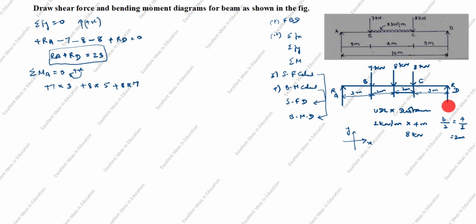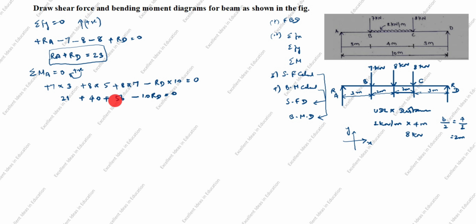Next, at this point the arrow goes up. From here to here, anticlockwise is negative. Perpendicular distance is 3 plus 2 is 5, 5 plus 5 is 10. Minus RD into 10 equal to 0. 7 3s are 21, plus 8 5s are 40, plus 8 7s are 56, minus 10 RD is equal to 0.